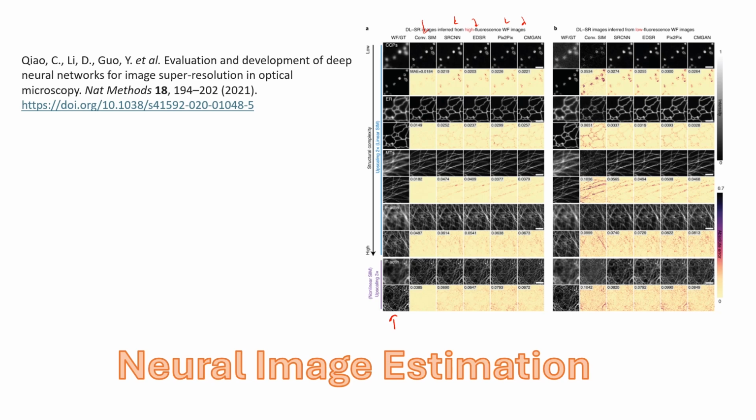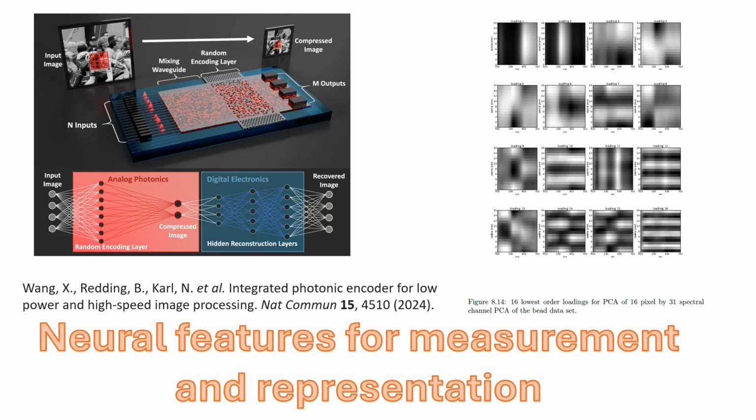And so certainly just using neural networks, as we did with the demosaicing network to estimate image data, is a fundamental and attractive use of neural processing. But other applications of neural processing in computational imaging include ways to think about representation of data.